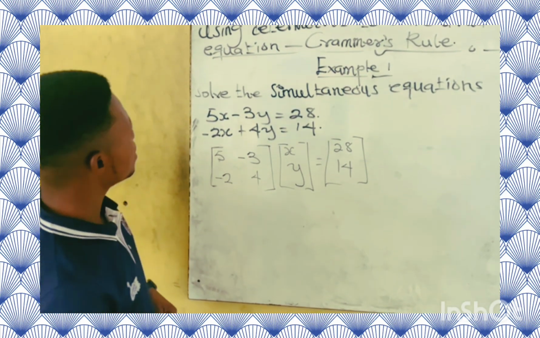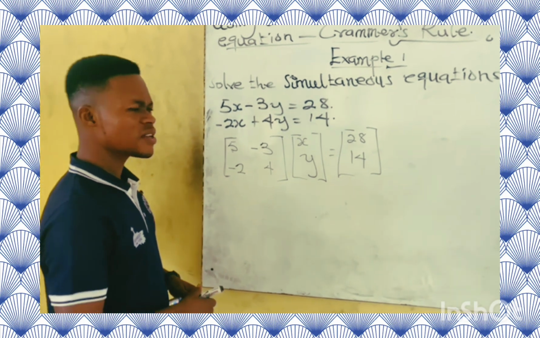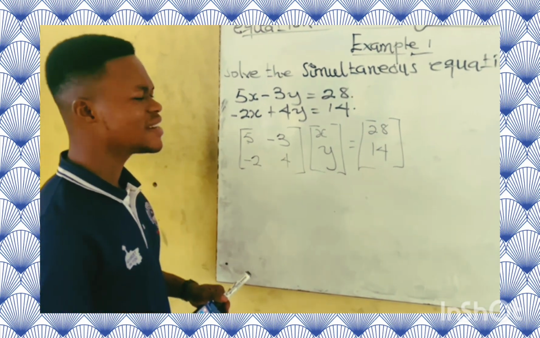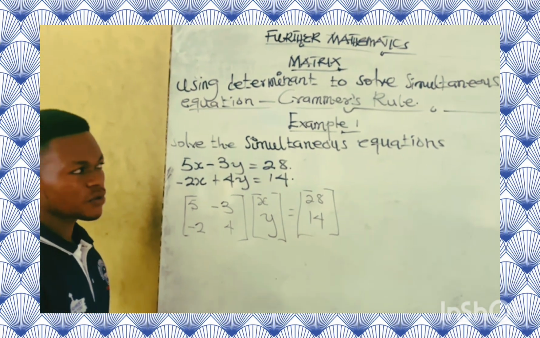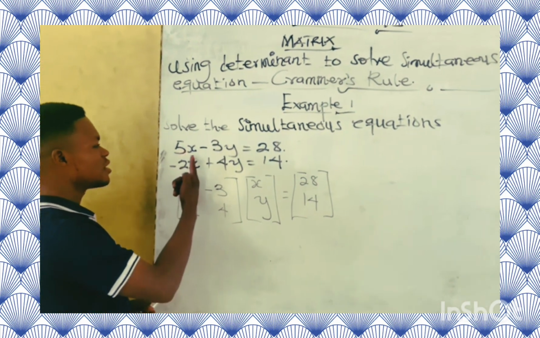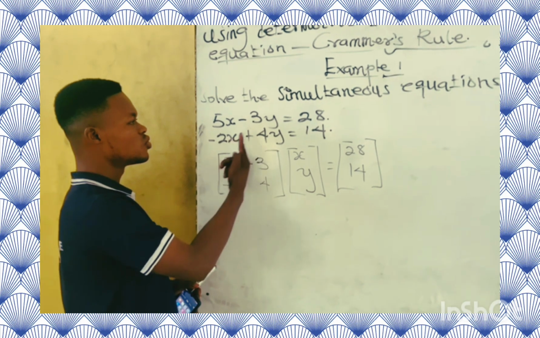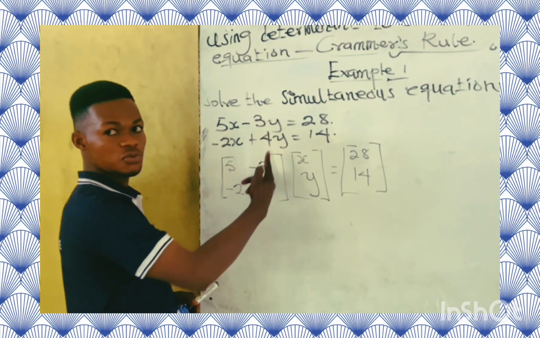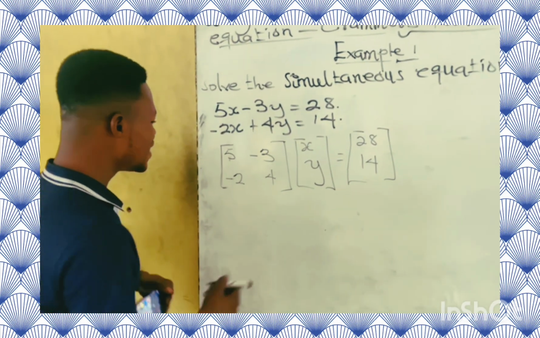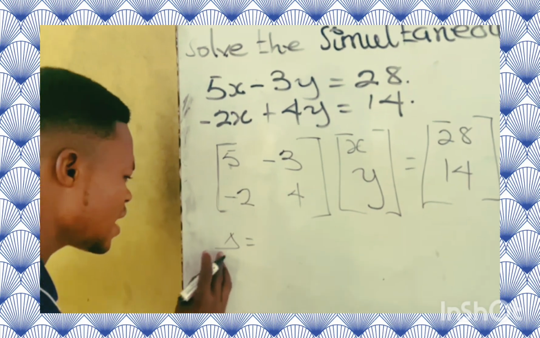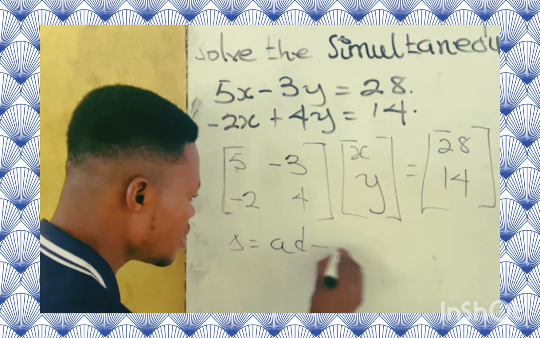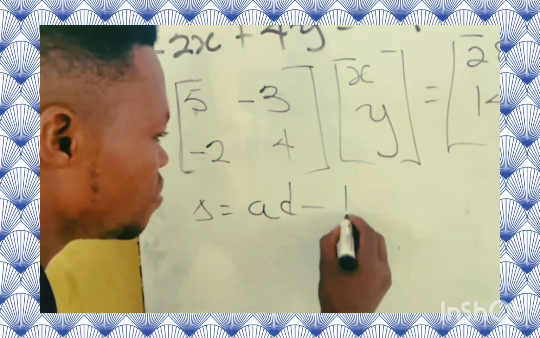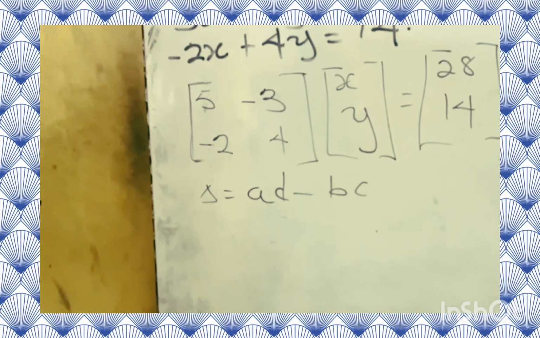To use the determinant to solve simultaneous equations, the first thing to do is find the determinant of the coefficients of x and y. Let's say this is a1, a2, b1, b2. The determinant is given by the product of a and d minus the product of b and c.